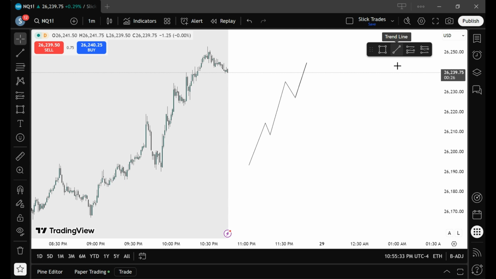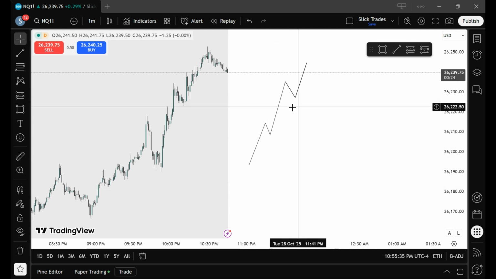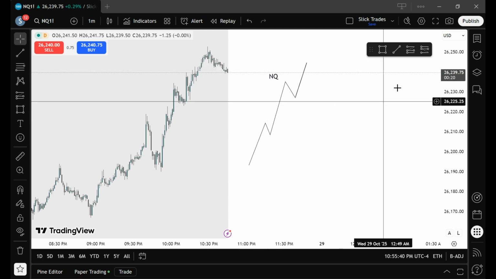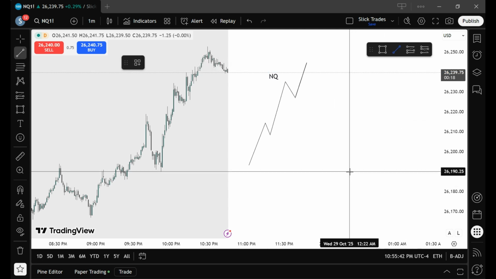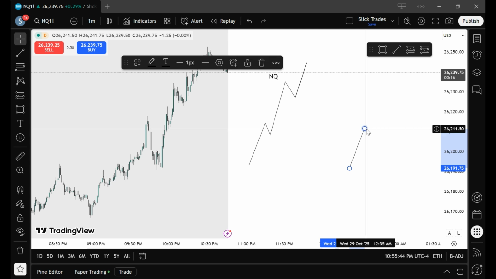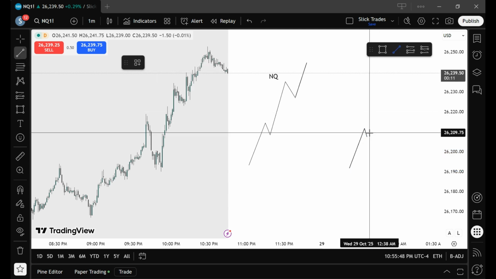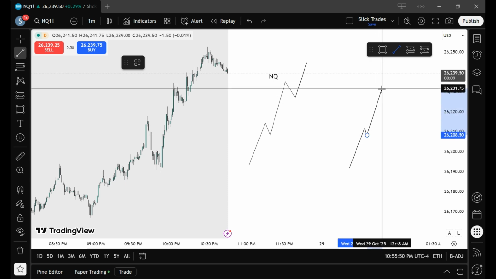Okay, like literally almost everything is identical. Let's say this is NQ right here, which stands for NASDAQ. This over here will be ES, which is S&P. Okay, this is called SMT here. It's fairly simple.